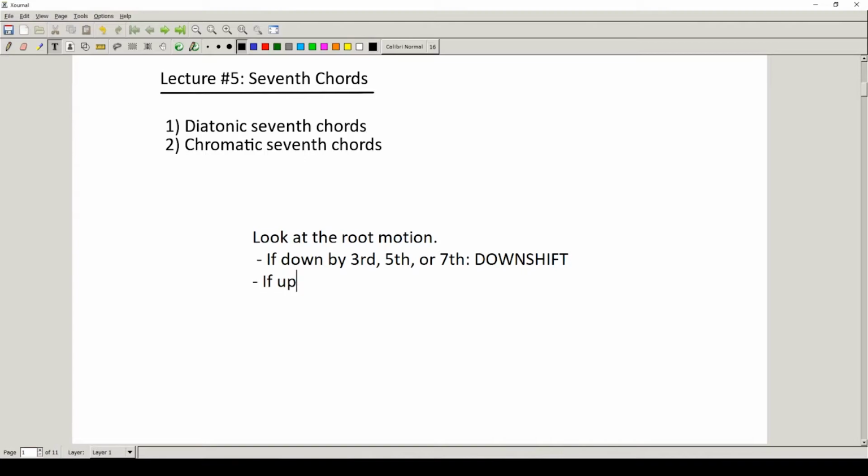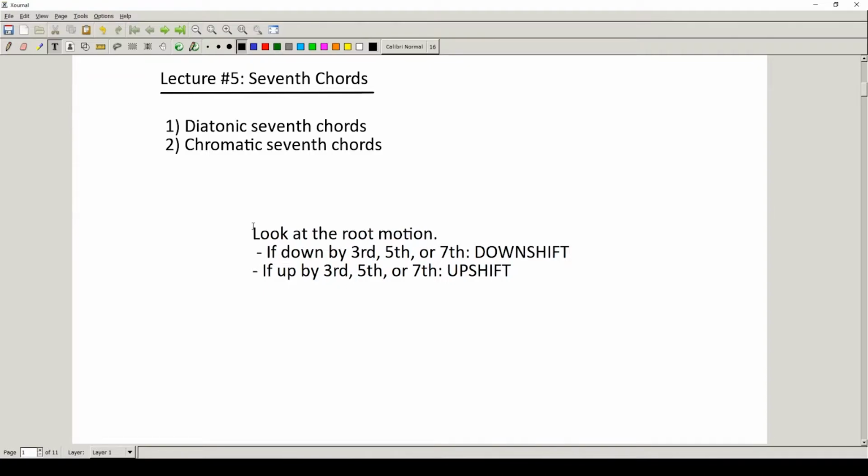If the root motion is up by a 3rd, 5th, or 7th, the smallest voice leading will be an upshift. And that works for any progression of 7th chords that stays within a single key. Anytime you have two 7th chords that could fit into a key together, their smallest voice leading will be governed by this rule.